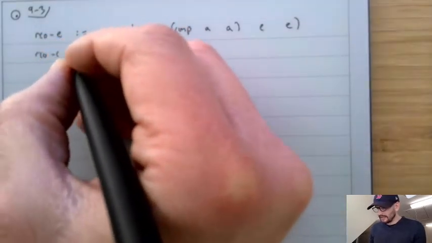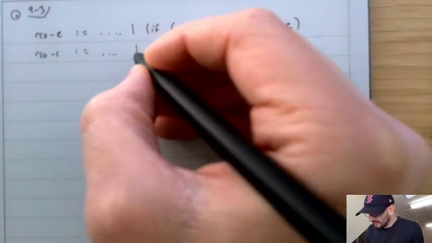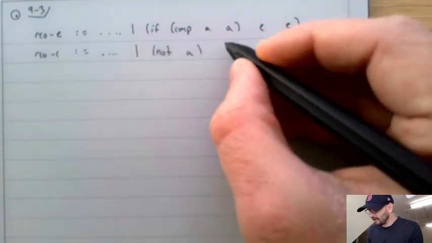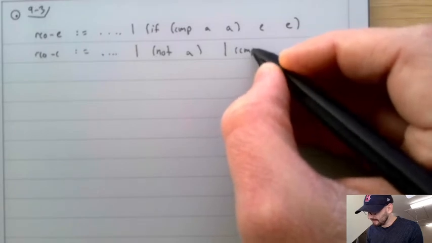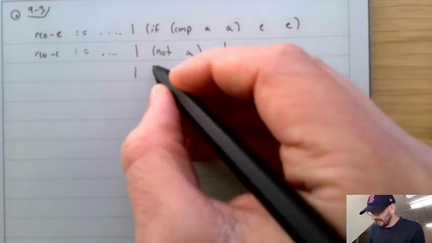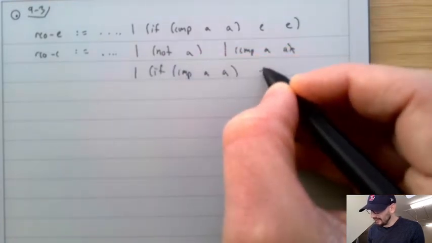Complexes, remember, are the things that are on the right-hand side of lets. That could be a not of an A. It could be a comparison of 2 A's. Or it could be an if statement with a comparison of 2 A's and 2 E's.